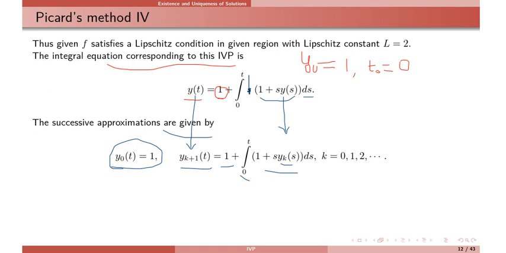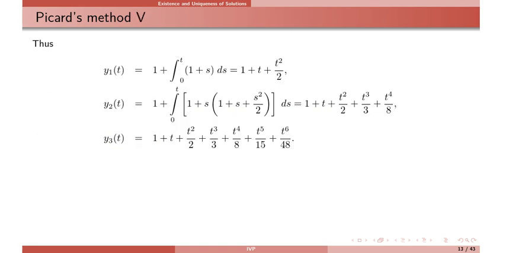So this is not an explicit relation. So the first approximation y1 is 1 plus the integral from 0 to t of 1 plus s, fitting y0 here. y0 is 1. And integrate, this is the first approximation.